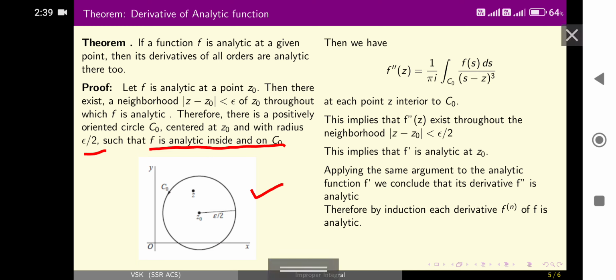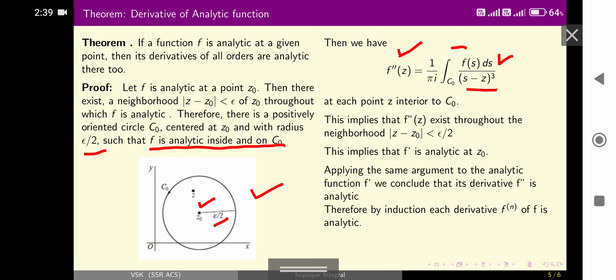So just see this figure. Accordingly, we have assumed the circle C0 with center z0 and radius epsilon by 2. Then we have the second derivative of f at z equal to 1 upon pi i, integration over C0 of f(s) ds divided by (s - z) cubed.